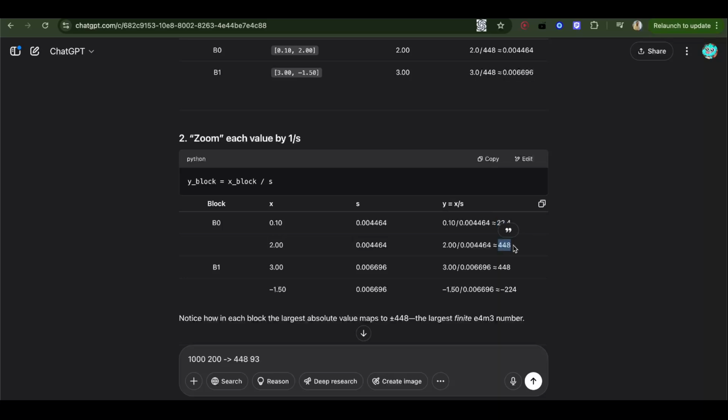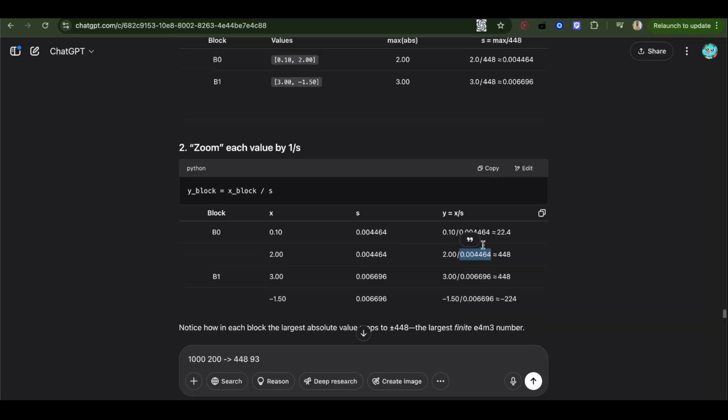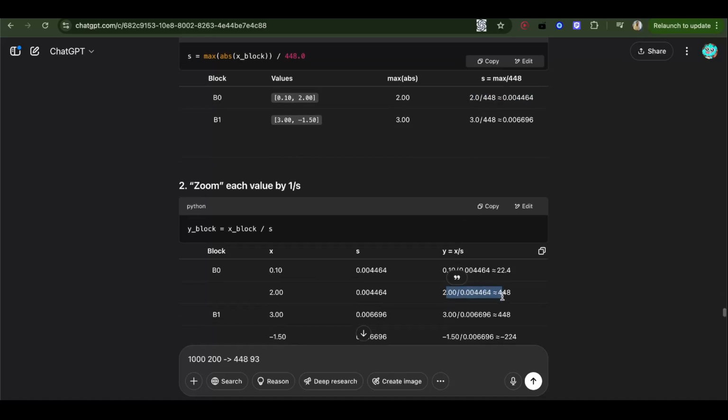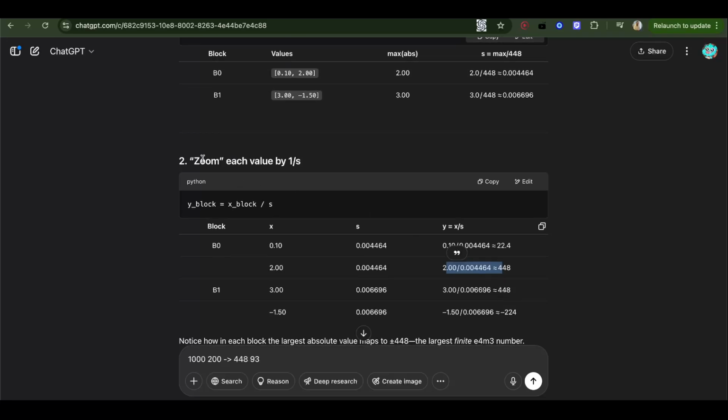And as I said, the largest number will always be 448 because you are just reversing the operation that you did. So anyways, this will zoom in or zoom out the numbers.